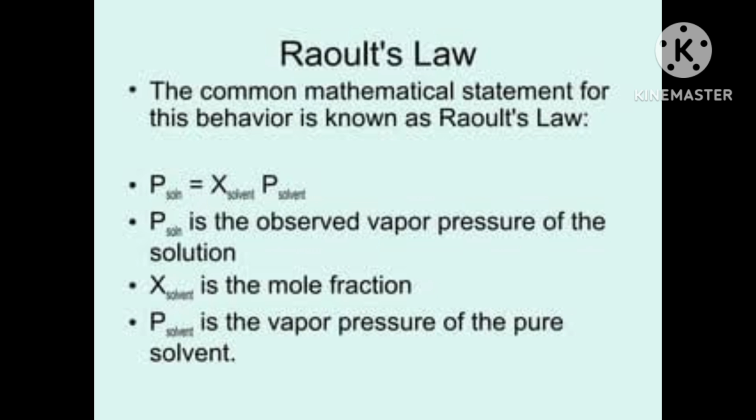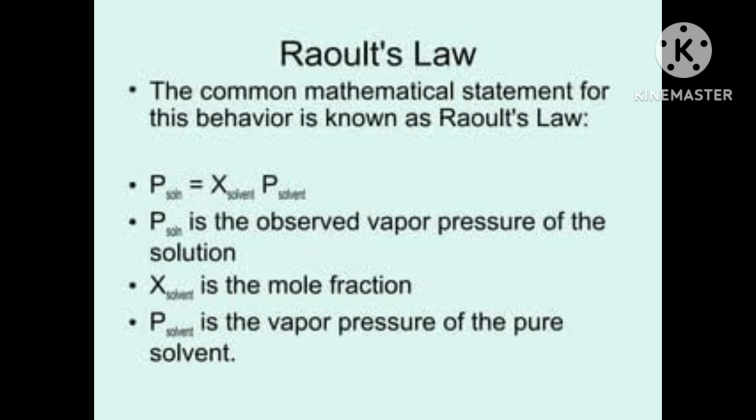In the beginning I told you, you converted the proportionality sign into an equality for component 1. Then this value you put here in P total, P1 plus P2.